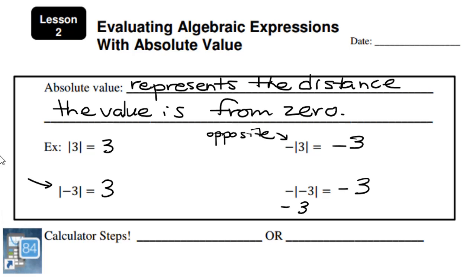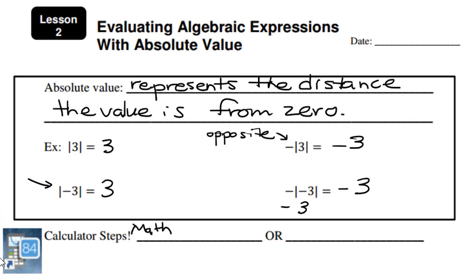Now there are 2 sets of calculator steps, and I will put a whole separate link of videos that just deal with calculator steps. So if you want to see it on a calculator live, I'm going to show you a video on that. But if you want to write down the steps, there are 2 different ways to find absolute value on a TI-84 calculator. The first one is to hit the math button.